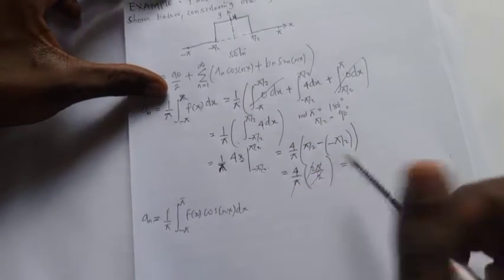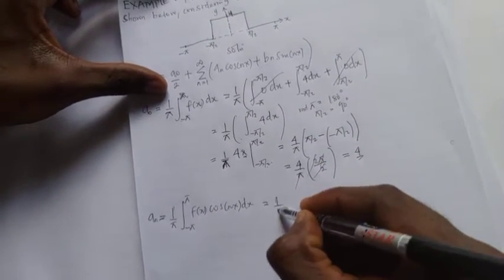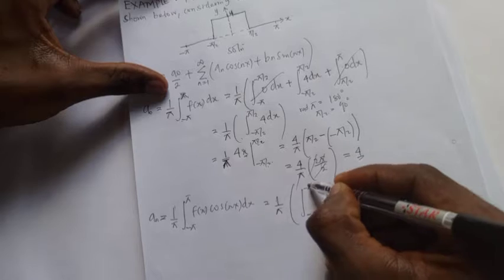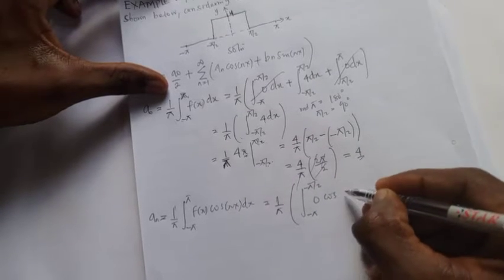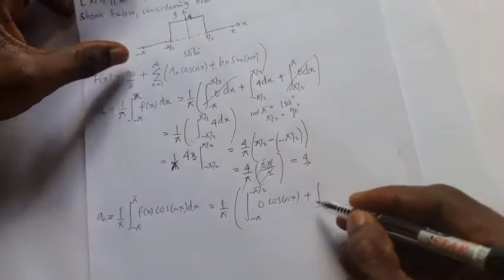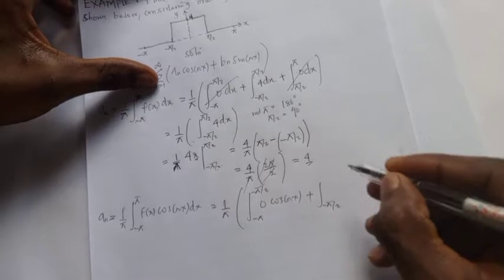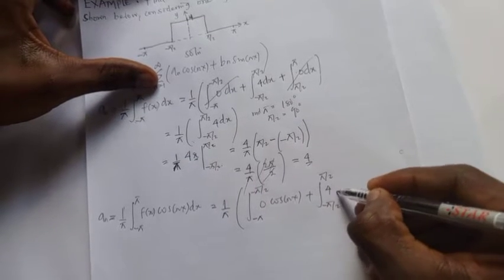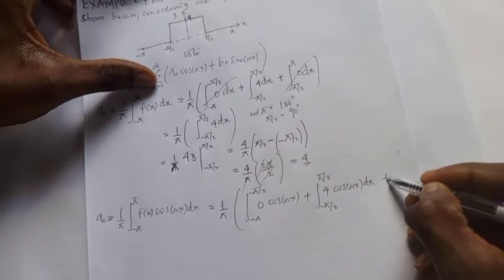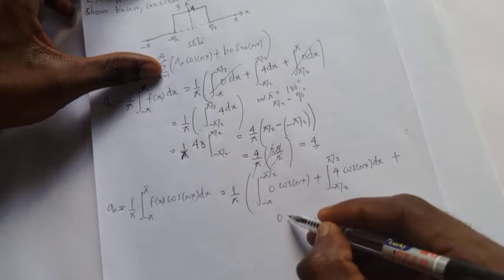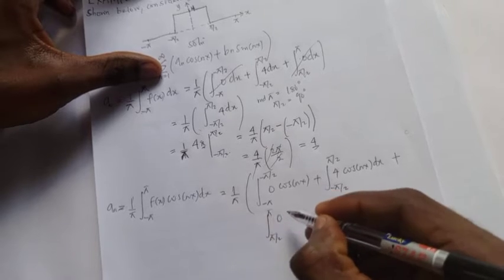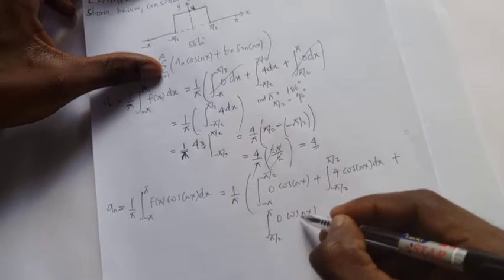So if we just follow the same approach as we did here, we have 1 over pi into the integral of minus pi to minus pi over 2, 0 cosine of nx, plus the integral of minus pi over 2 to pi over 2, 4 cosine of nx dx, plus the integral of pi over 2 to pi of 0 cosine of nx dx.